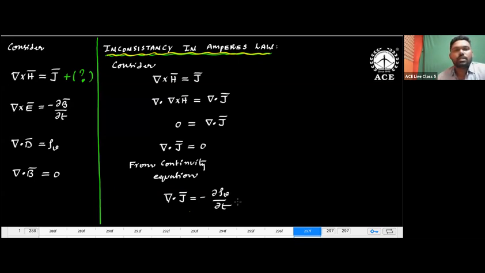So this curl of H is equal to J is not satisfying the fundamental law of conservation of charge. So this is an inconsistency, or you can also call it an error.